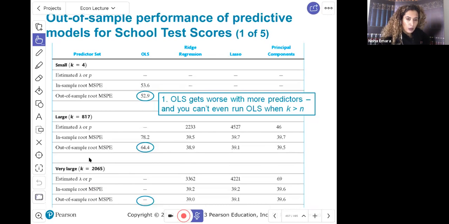The out of sample root mean square prediction error is 52.9 versus 64.4. So definitely, as you can see from this box, OLS gets worse with more predictors. And we can't even estimate it when K is greater than N, towards the end of the table.